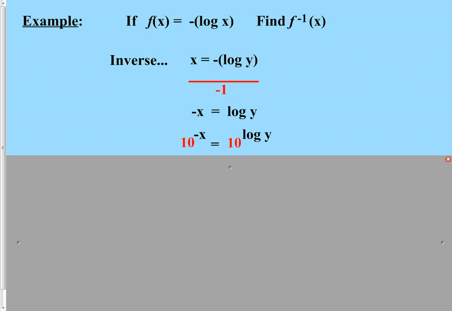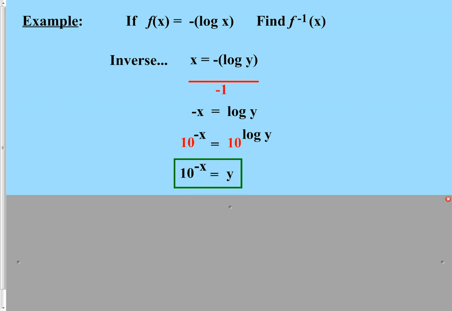So what that's going to mean over on the right-hand side is the only thing that will remain is the y, because the base 10 and the logarithm canceled. 10 to the negative x, we do not know what this value is. We're not to that point where we can understand this numerical value, but it's not important that we understand it just yet. All we're doing is working the inverse and isolating y, and that's how it's done.